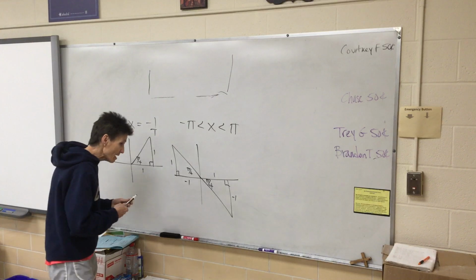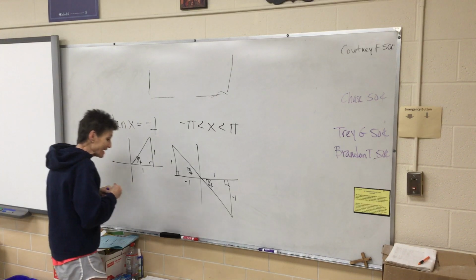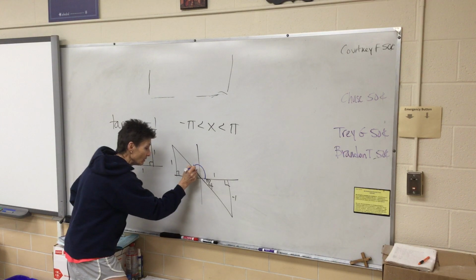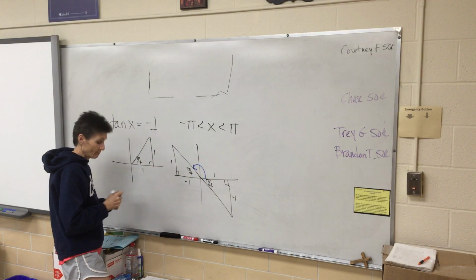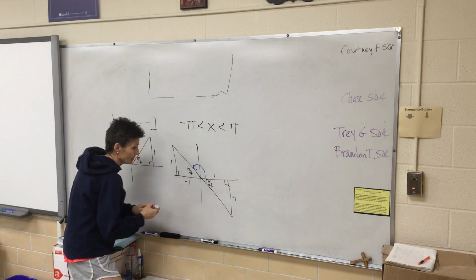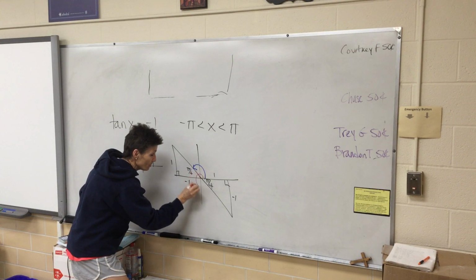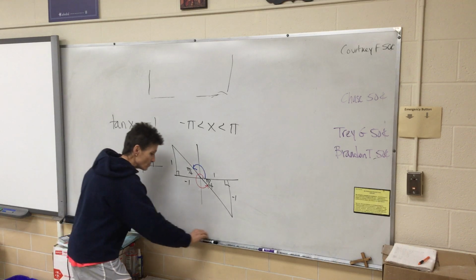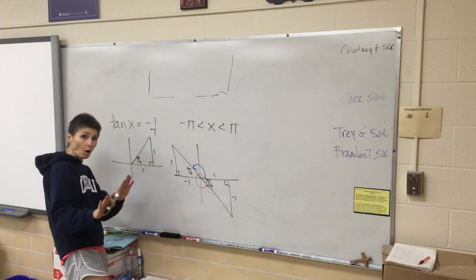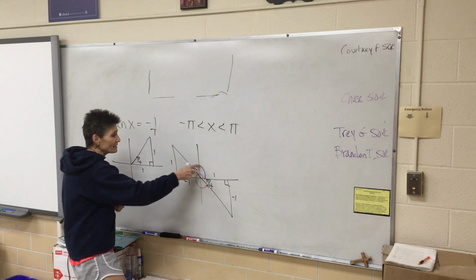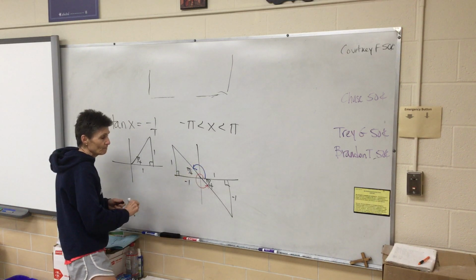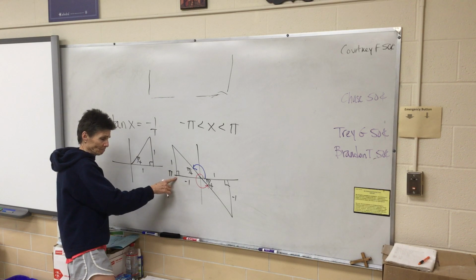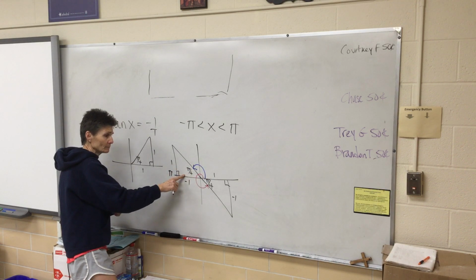Now, gang, that means that my answers are this angle or this angle. Now let's figure those out and then we'll talk about what might be wrong with those answers. What would this one be? The big blue one here. Well, remember, this is pi, halfway around.